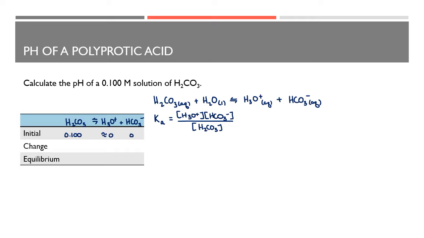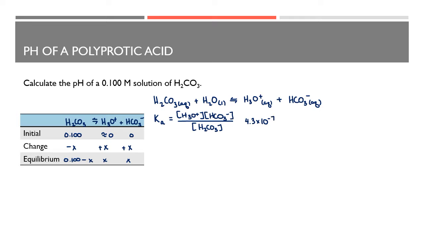I have about 0 H3O plus and 0 HCO3 minus to begin with. Now I'm going to lose carbonic acid and gain products in this equilibrium reaction. So we have negative X's and plus X's, and then I sum my columns to get my equilibrium concentrations in terms of X. So now I'll substitute in my values.